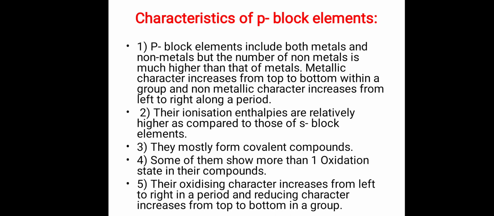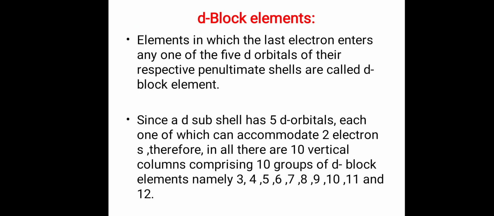If size increases, the lower oxidation state is more stable. For example, just consider the boron family. Boron exhibits +1 and +3, but boron +3 is more stable. In the case of thallium, +1 is more stable, because of the inert pair effect. Next, d-block elements.